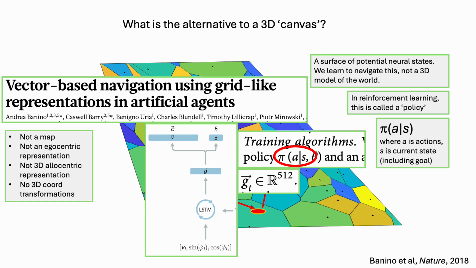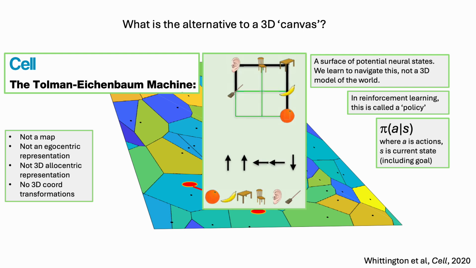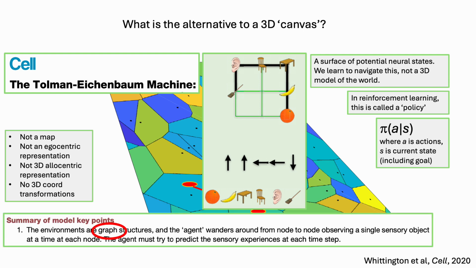And it's important to note that what's being generated is not a map, and there's no 3D coordinate transformations going on here. The Tolman-Eichenbaum machine is similar in that it's based on a graph, a set of objects or sensory states, which are the nodes joined by edges, which are actions taking you from one sensory state to the next.